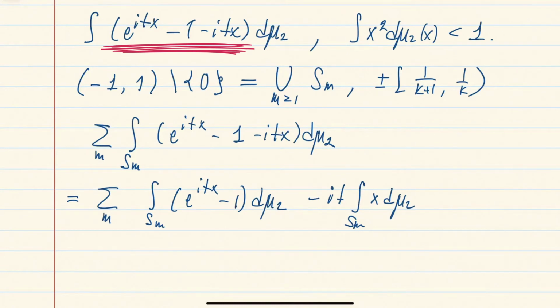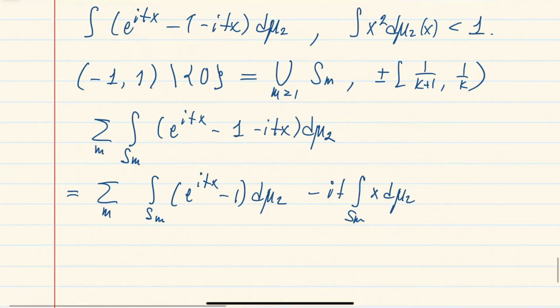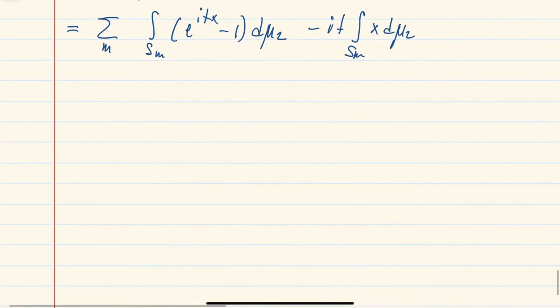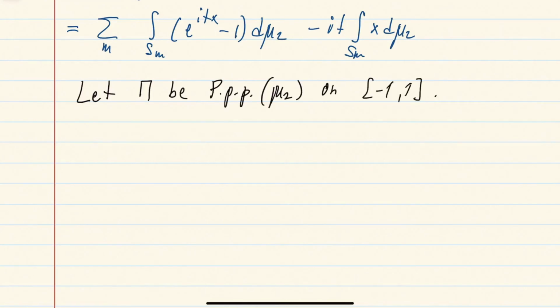And again, in this representation, we can recognize what these terms correspond to. In particular, if we consider a Poisson process with the mean measure mu2 on minus 1 to 1, if we fix index m and then take a sum of x in this Poisson point process which fall into this interval Sm, and then we subtract the integral over Sm of x d mu2.